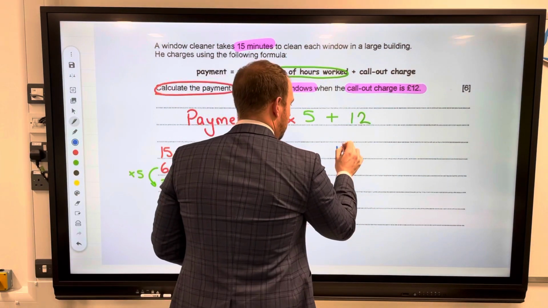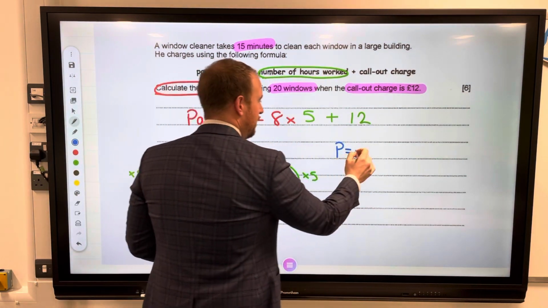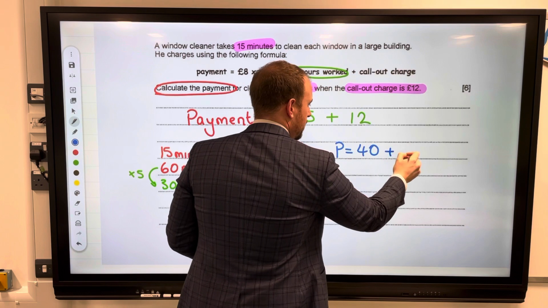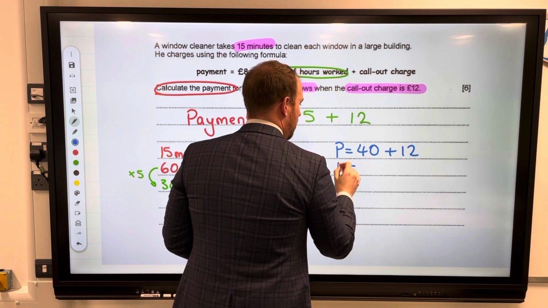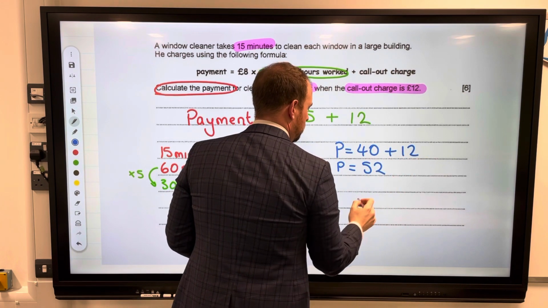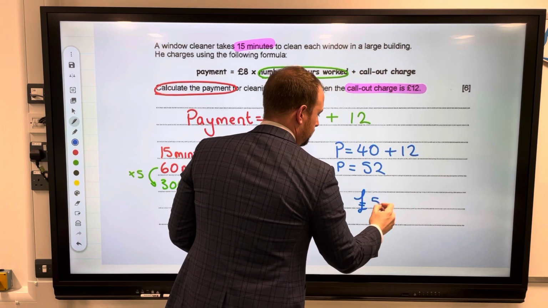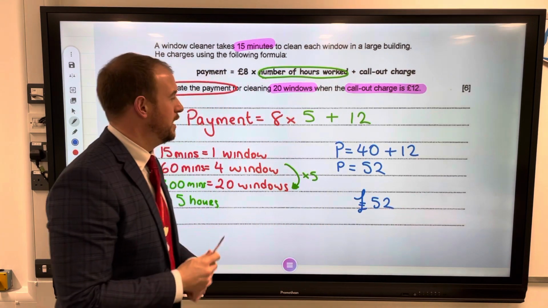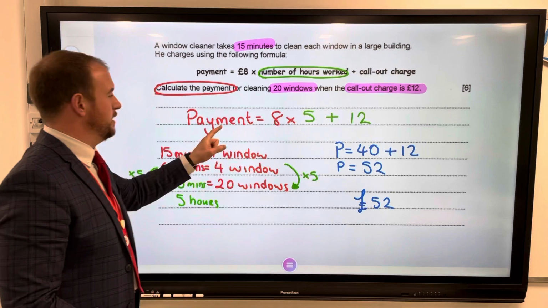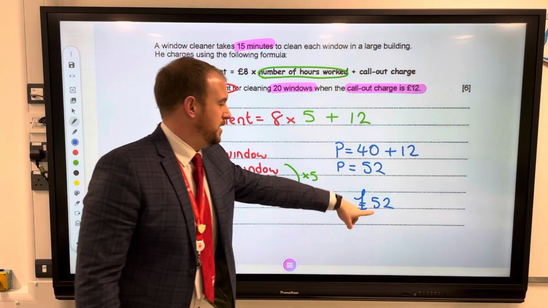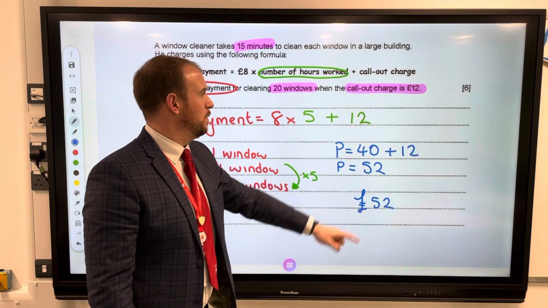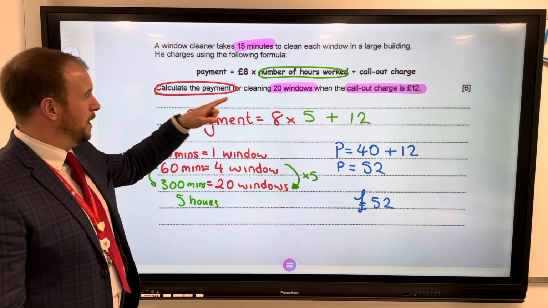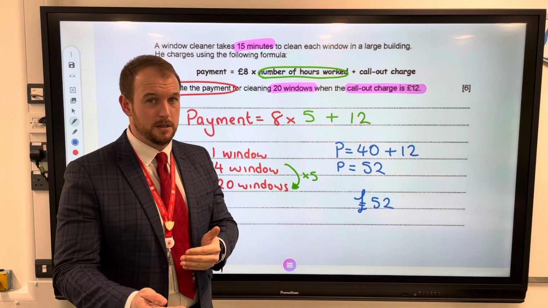The payment equals 8 times 5 is 40. Add the 12 for £52. Just like that. I used a P here just to abbreviate it, make it a little bit simpler. Obviously, I've included my pound sign with the answer. So with that one, be careful, minutes and hours.